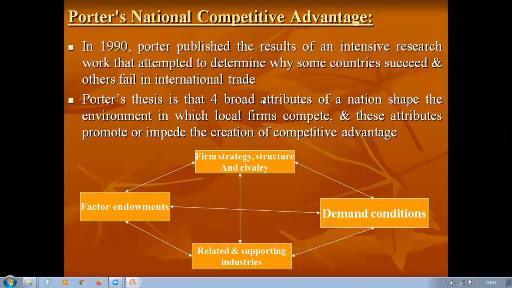And product life cycle theory, which we have discussed today, provides inputs for manufacturing, trade, and investment decisions. And international trade takes place among companies based on relative competitive advantage, but not a country's competitive advantage.